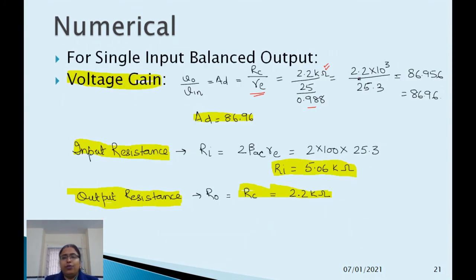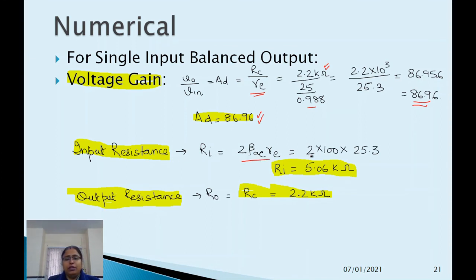So it is equal to 2.2 into 10 raised to 3 upon 25.3, and it is coming out to be 86.96. So your voltage gain in case of single input balanced output is 86.96.